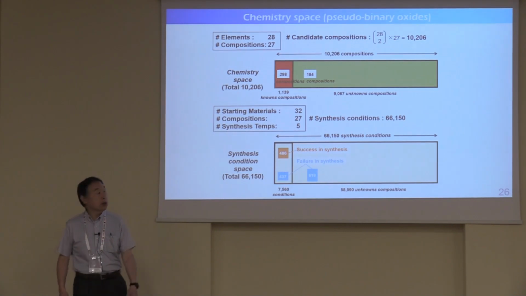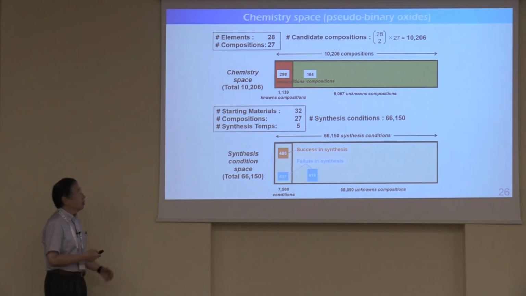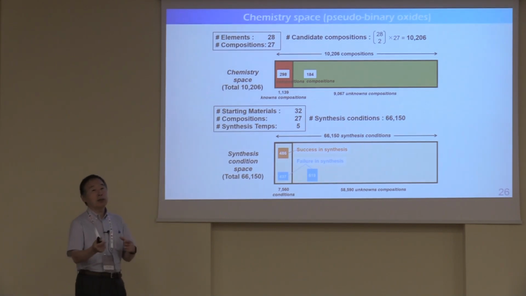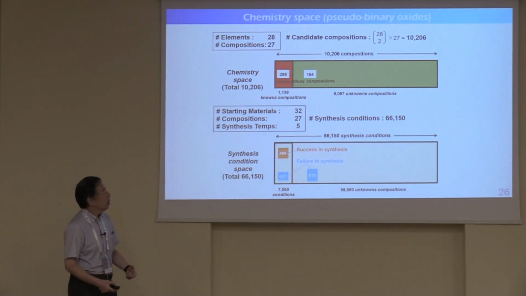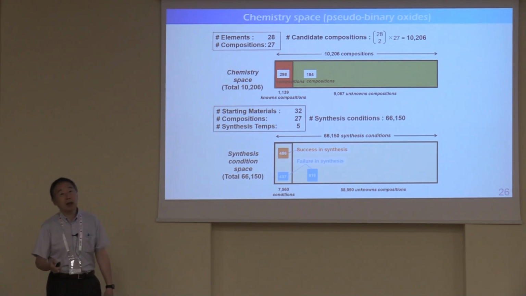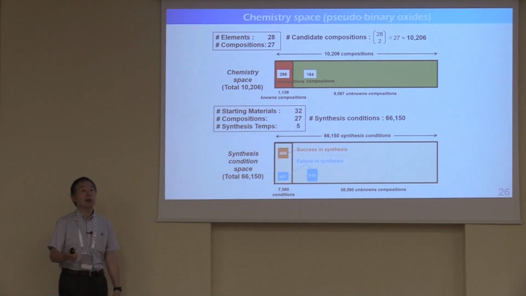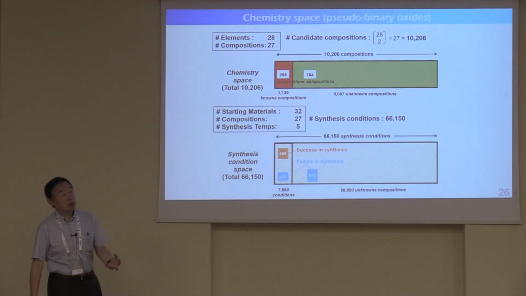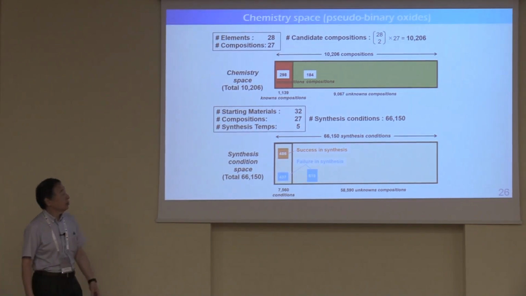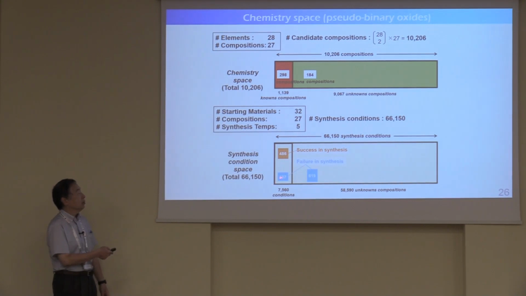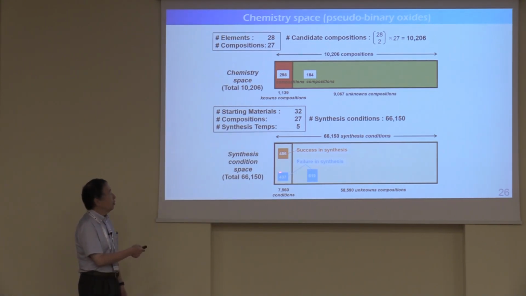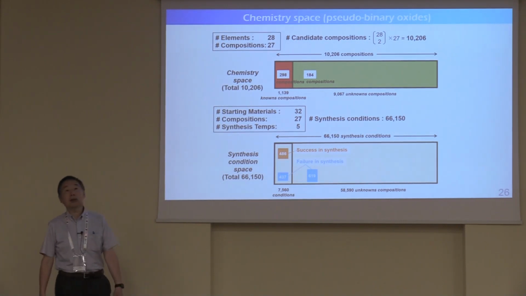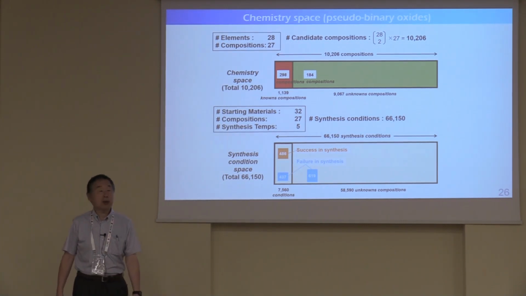It means, for example, for one particular composition, if you need 1,000 degrees C for synthesis and we perform the experiment at a much lower temperature, like 700 degrees C, then you cannot synthesize that material successfully. So it ends up with a failure. So it is quite natural that we fail to synthesize by 50%.